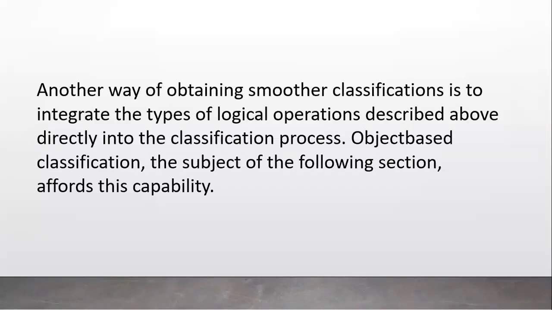Another way of obtaining smoother classification is to integrate the type of logical operations described above directly into the classification process. Object-based classification, the subject of the following section, affords this capability.